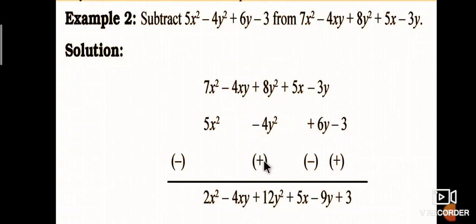Both are positive, therefore 8 plus 4 is equal to 12y square. Similarly, 5x is a single term, write it as it is, 5x. Next, minus 3 minus 6 is equal to minus 9y. Remaining is plus 3 as constant. Therefore, 2x square minus 4xy plus 12y square plus 5x minus 9y plus 3 is the answer of the given subtraction.